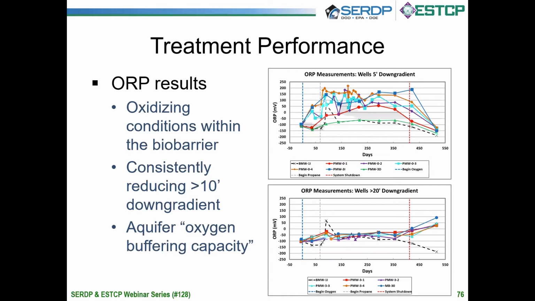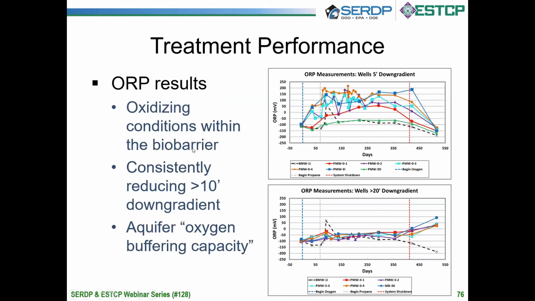If you look 20 feet down gradient, the graph on the bottom right, we didn't see much of an increase in the ORP at those wells, which were just, like I said, 20 feet down gradient of the sparge wells after adding thousands of pounds of oxygen. So this aquifer is really what we're calling had a high oxygen buffering capacity, and that term was coined by Hunter Anderson of AFCEC during my last IPR for this project, and I liked it, so I'm going to borrow it for this presentation.